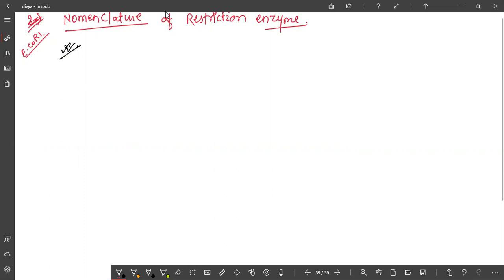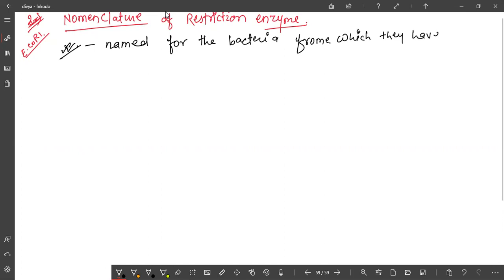We can say that it is named for the bacteria from which they have been isolated. The nomenclature is done according to that only.